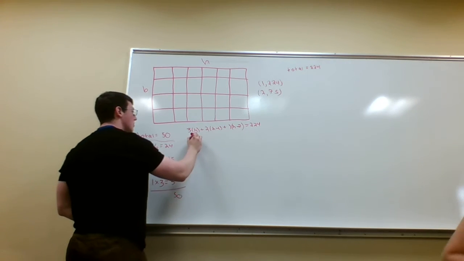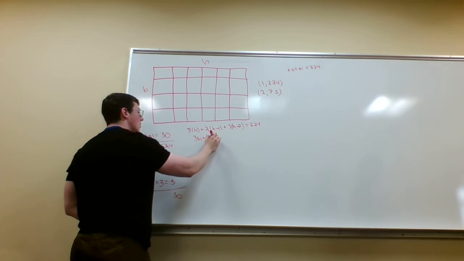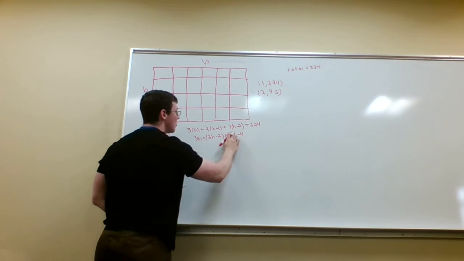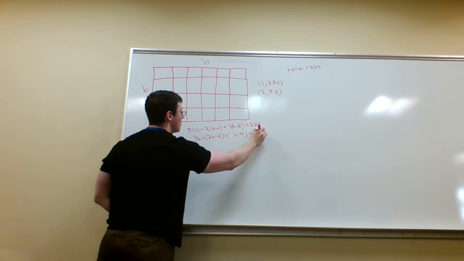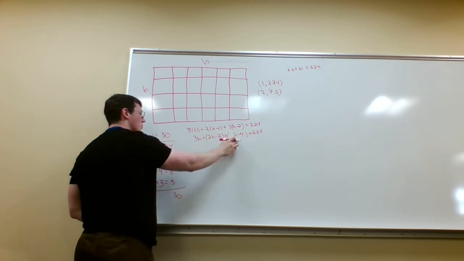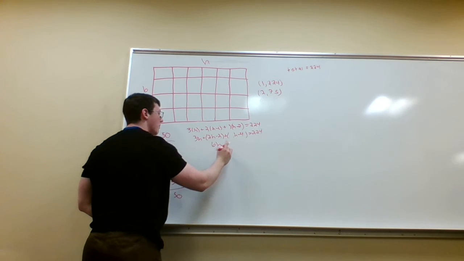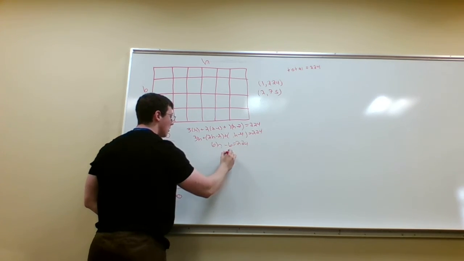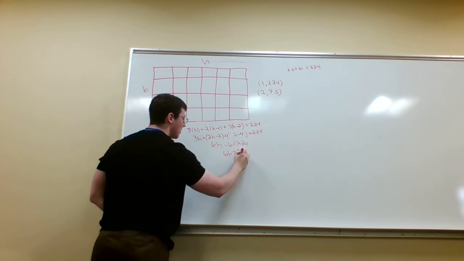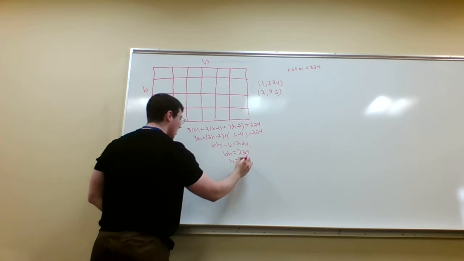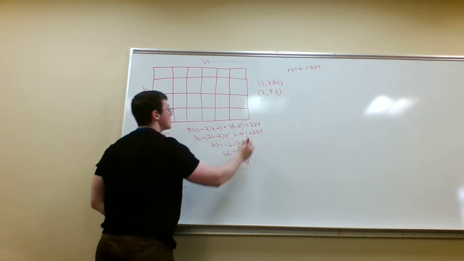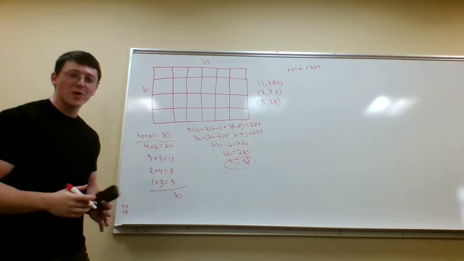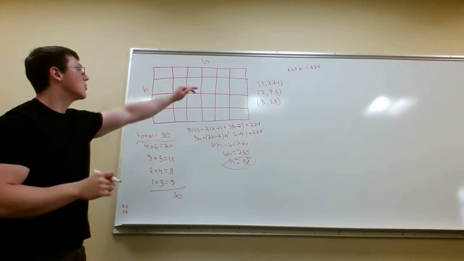So we can solve this. 3h plus 2h minus 2 plus h minus 2 equals 224. 3 plus 2 is 5, 5 plus 1 is 6, 6h minus 2 minus 2 equals 224, so 6h minus 4 equals 224. 6h equals 228, and h equals 38. So the third one we can have is 3 by 38. So those are 3 rectangular grids, all of which will get you 224 total squares.